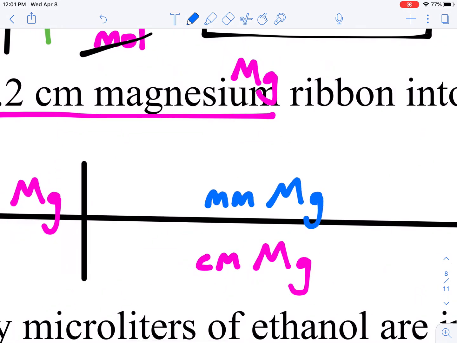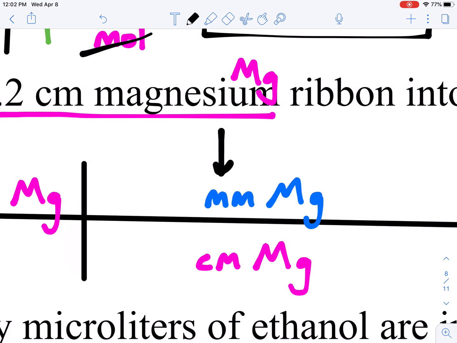The question you have to ask yourself is, how many millimeters are in a centimeter? And the answer is, we don't know. You might know, but this is kind of an easy one. These are units that we're familiar with. What if I asked you how many picometers are in a hectometer? Then you'd be like, I'm not really sure. So the rule that we want to use is that we cannot go between two units that have prefixes. Millimeters has a prefix, centimeters has a prefix.